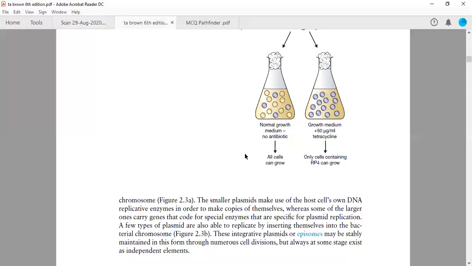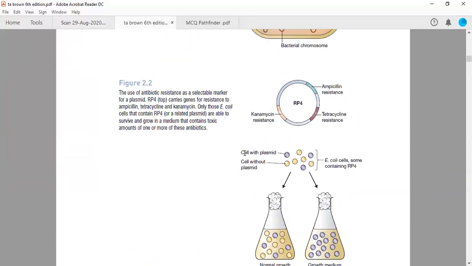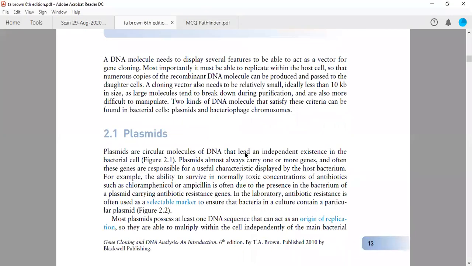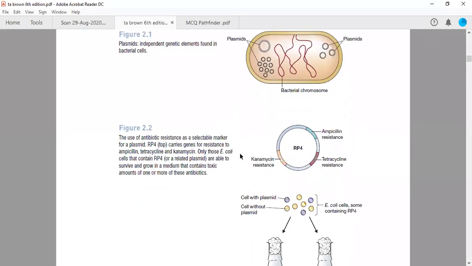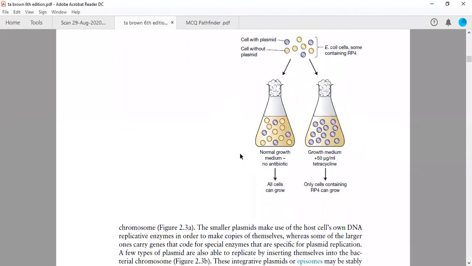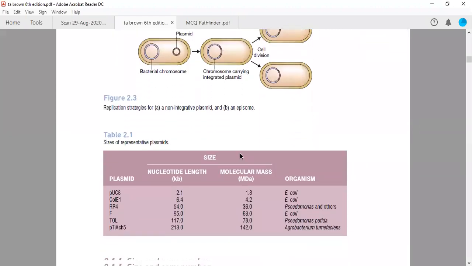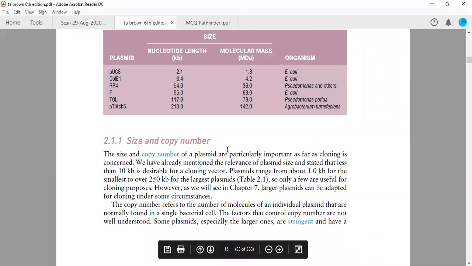One is called stringent and another is called relaxed. Stringent plasmids are those which are generally present in low copy number, generally 1 to 2 copies per cell, whereas relaxed plasmids are those which have a higher copy number in a bacterial cell, as it is written here.